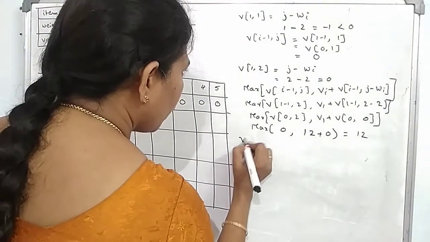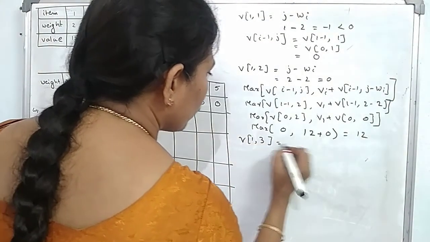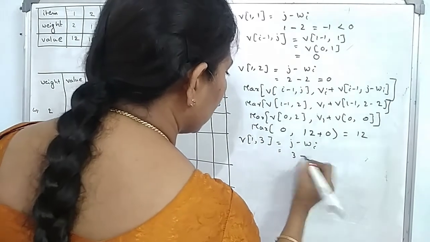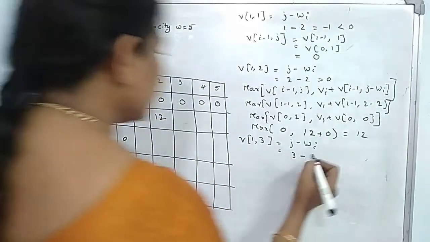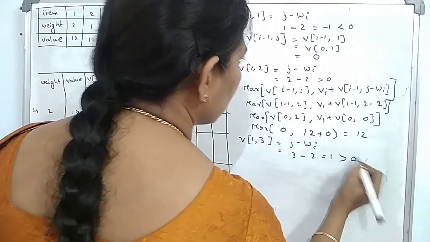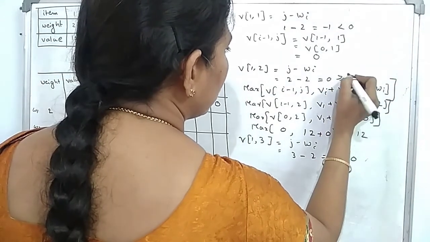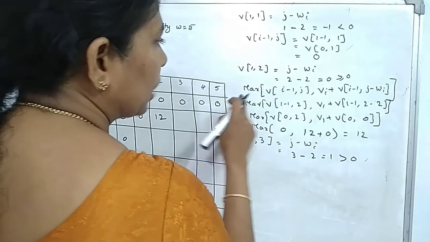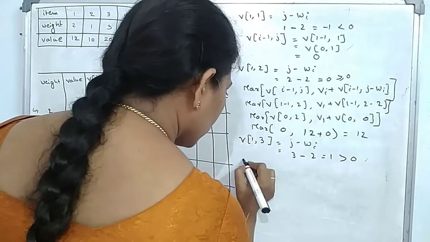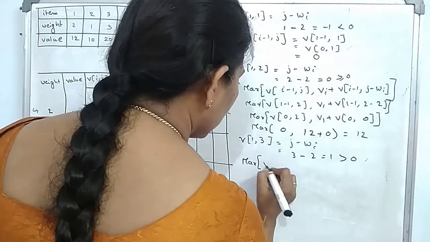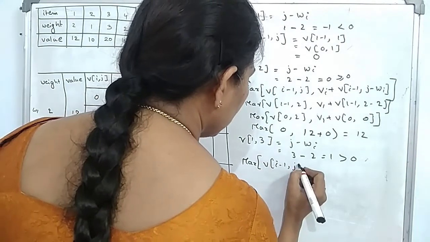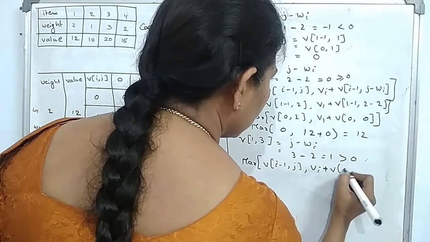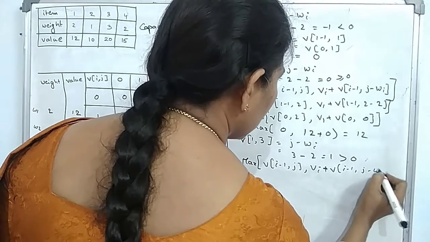Now you can calculate the V of 1 3. First you can calculate j minus wi. J equal to 3, W1 means 2. 1 is greater than or equal to 0. So at that time again you can apply the equation, maximum of V of i minus 1 comma j comma V of i plus V of i minus 1 comma j minus wi.